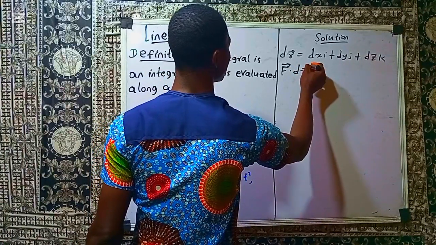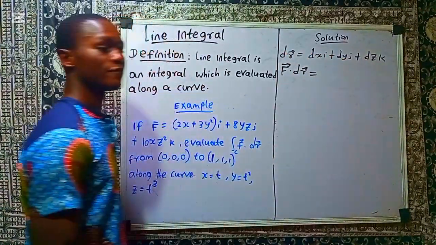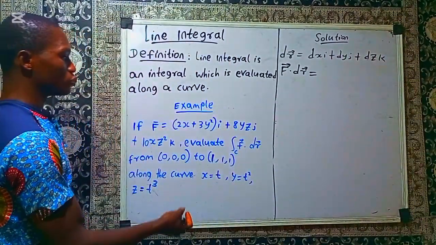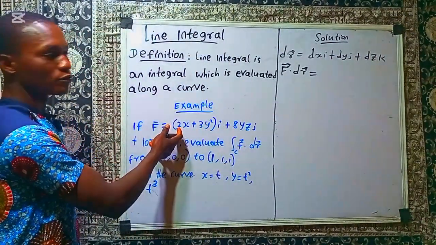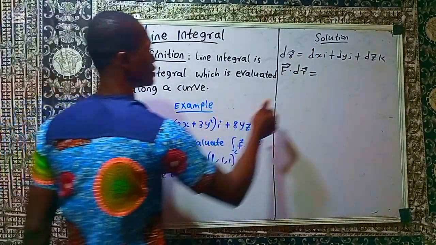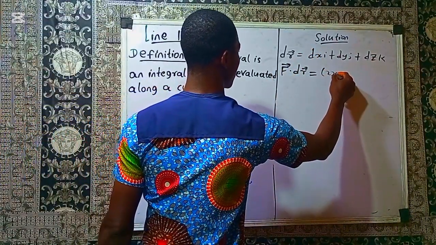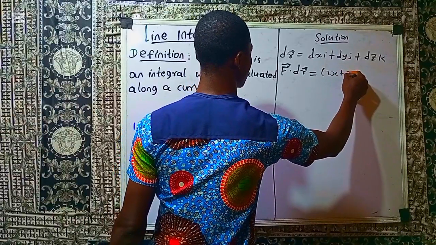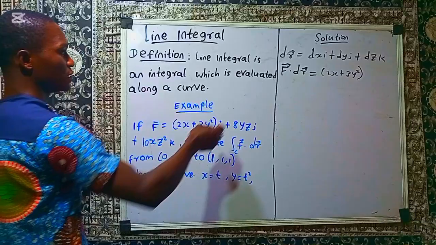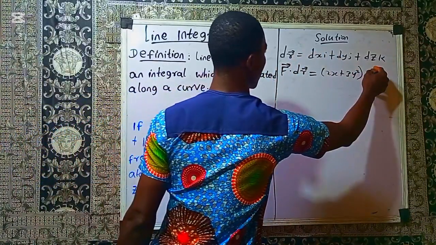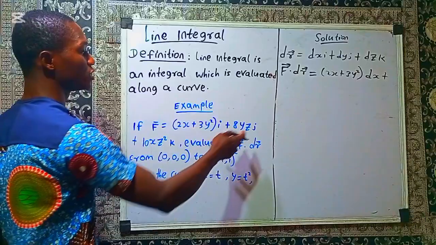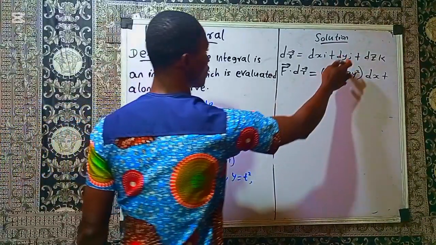So the r is a vector. It has ijk component. So we are going to dot it with this f. So I component will multiply the I component. So let me write this. We have 2x plus 3y squared multiplying the I component there, dx, plus the j component here will multiply j component here.